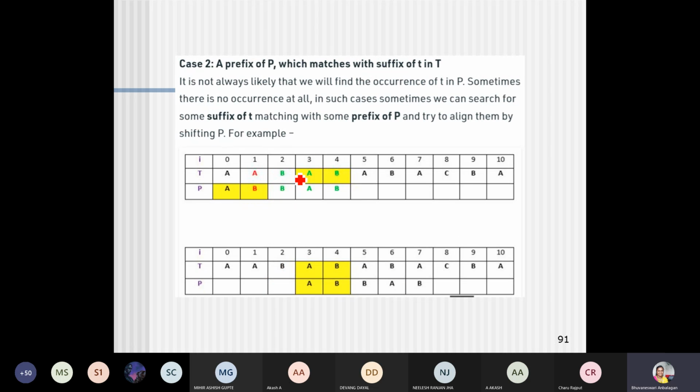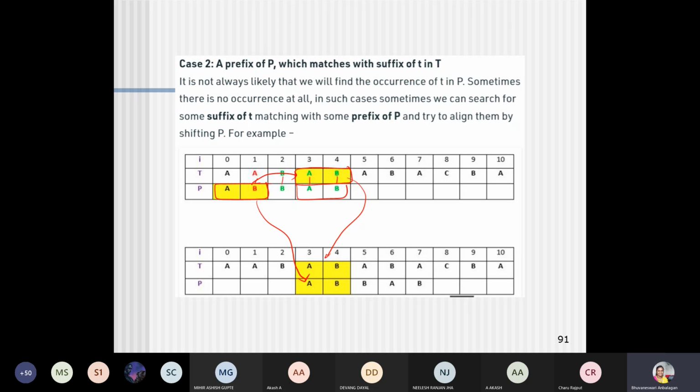Then you see here B and B matched, A and A matched, B and B matched. Now is there an AB, a sub pattern, available in our upcoming text? Yes, we have an AB over here. So you align this AB with this AB.